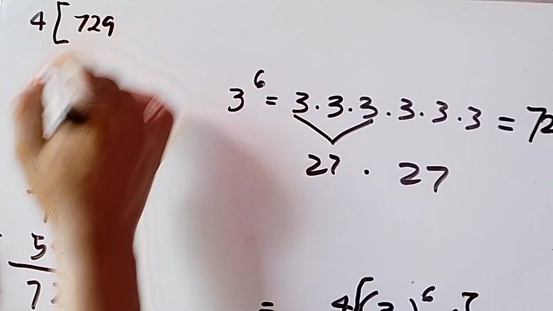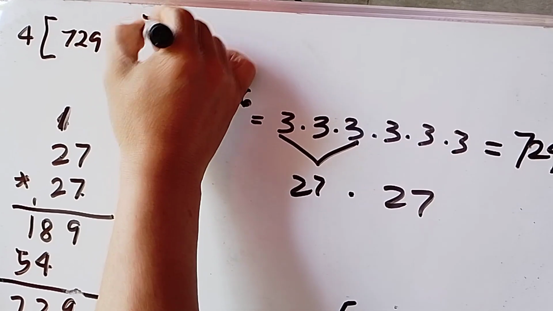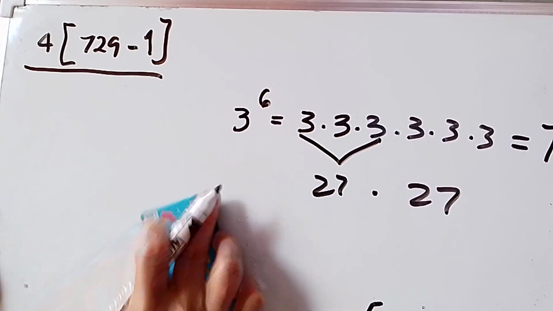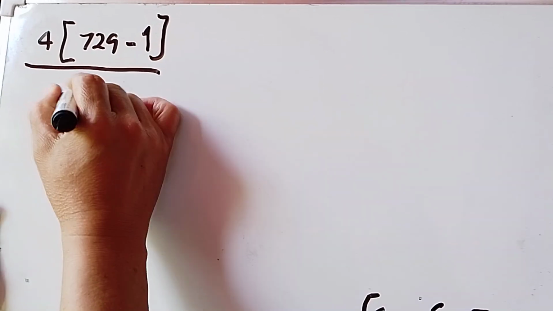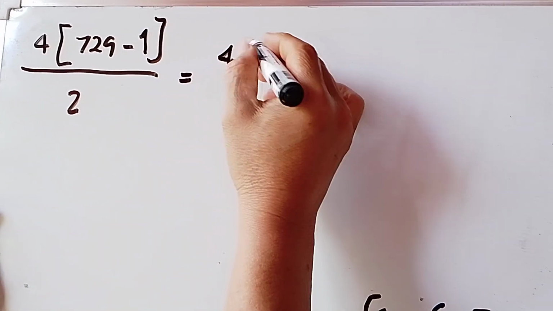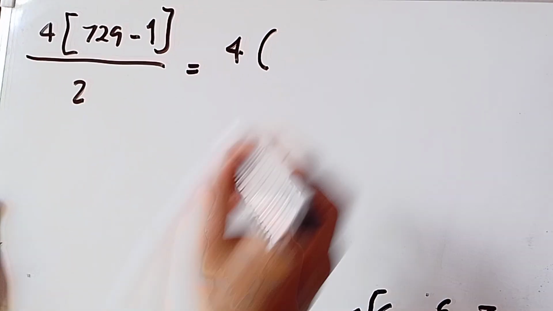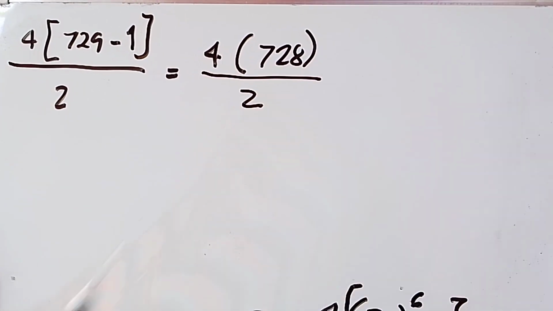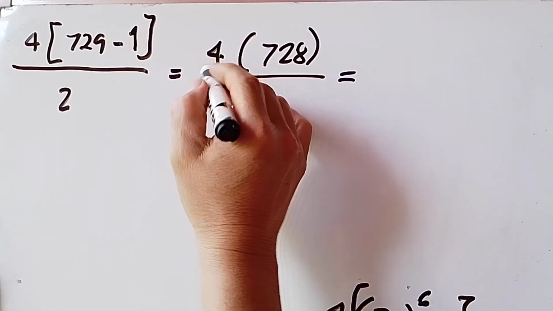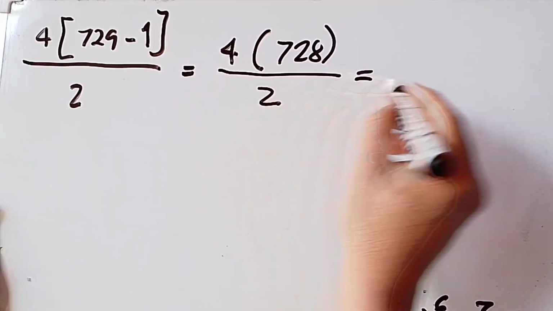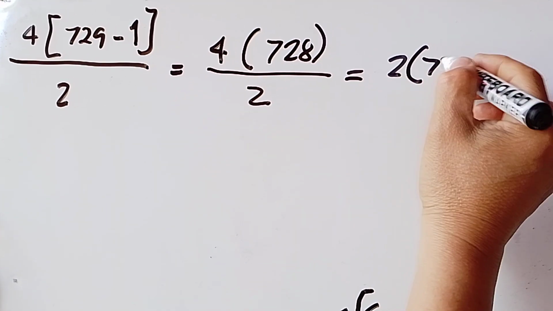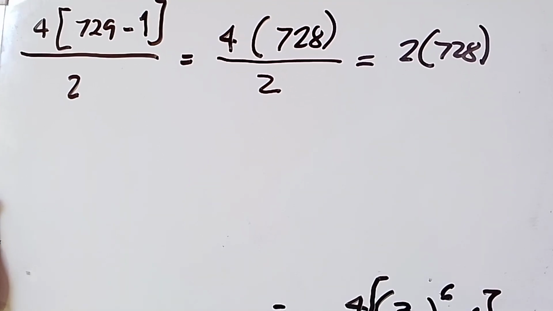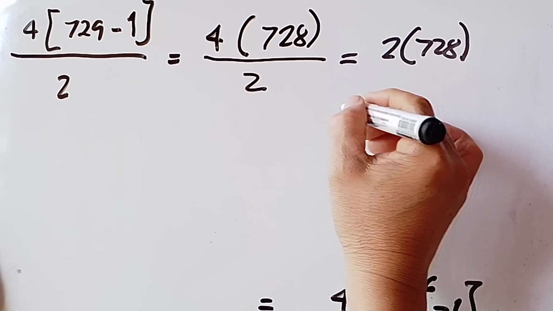So 729 minus 1 all over, what is 3 minus 1? 3 minus 1 is 2. So this is 4. And then 729 minus 1 is 728 all over 2. I think we can divide this one. 4 divided by 2 is 2 times 728. And then we need to multiply this one.